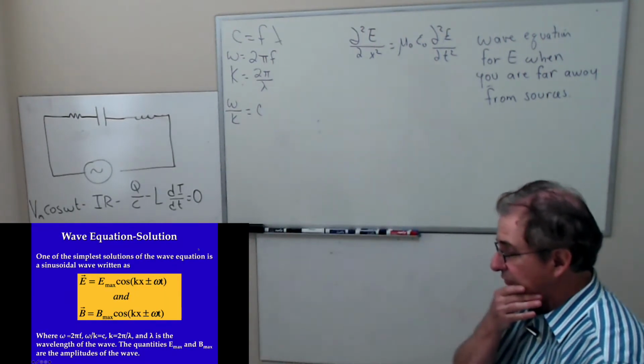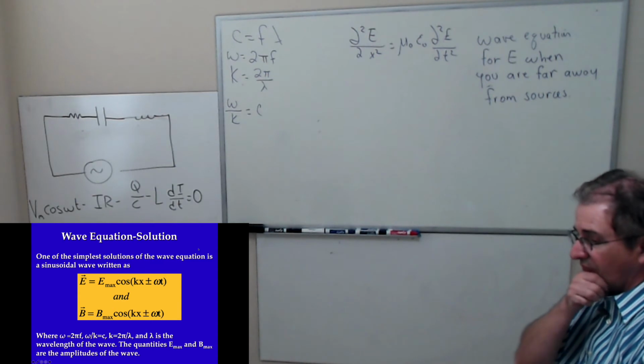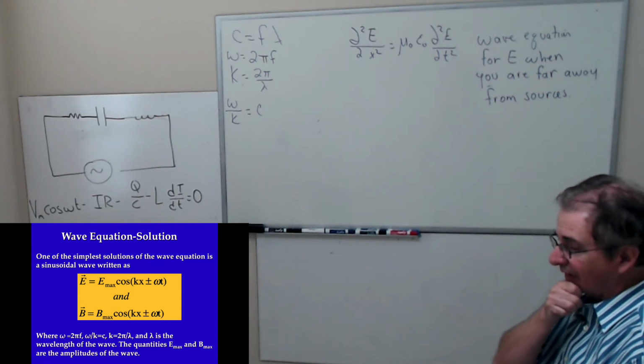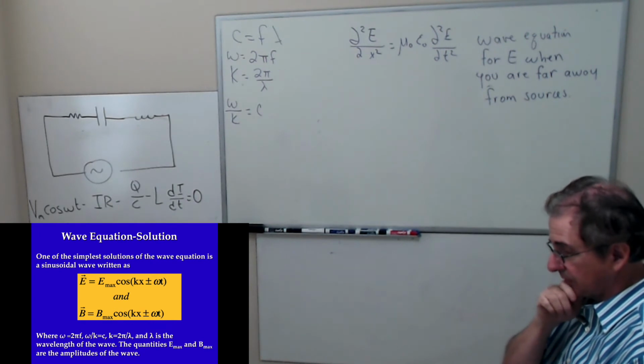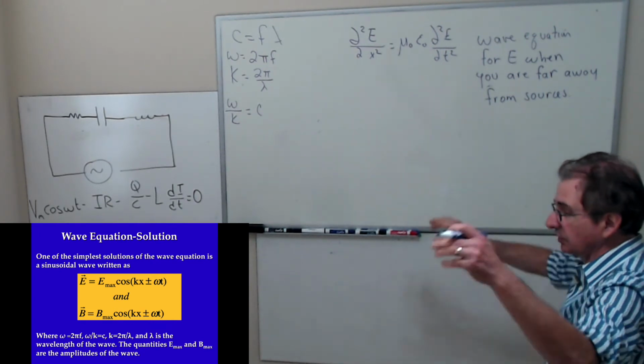The simplest solutions of that form are the plane wave solutions, where you have an oscillating source that's really far away.